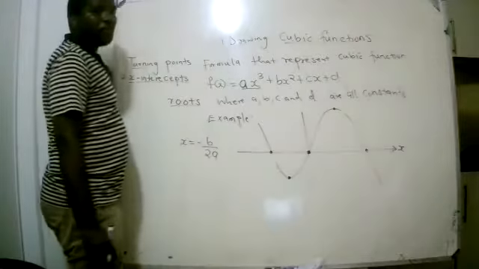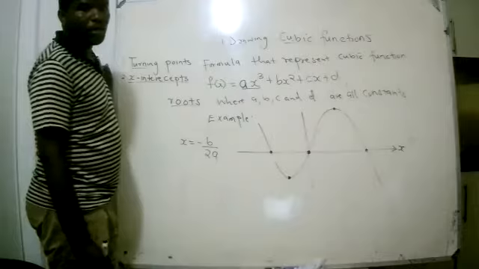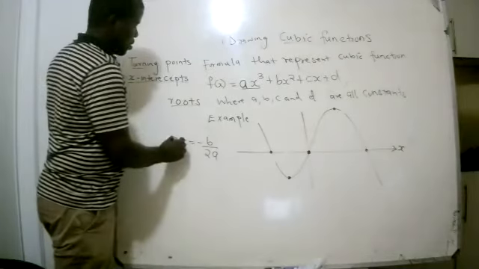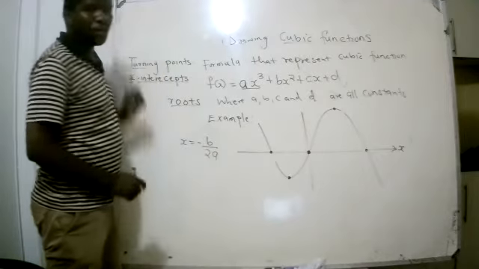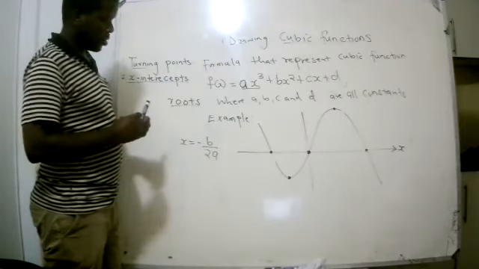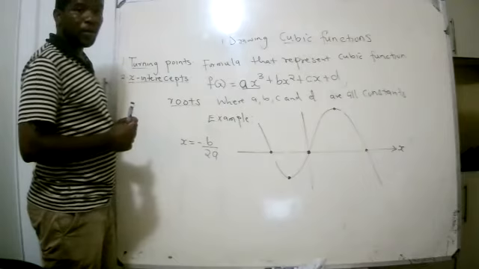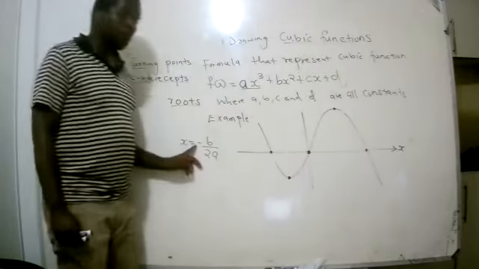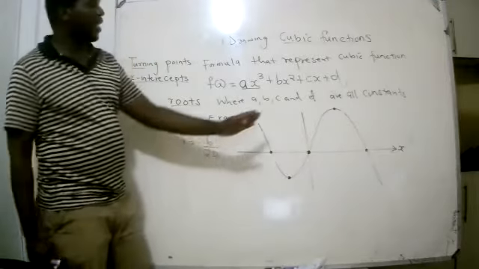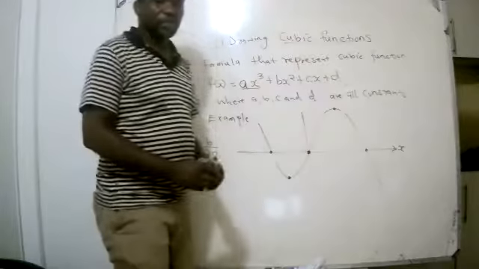Is there anyone who remembers this formula? X equals negative b divided by 2a. Do you remember that formula? Yes. We use this formula to calculate the x value at the turning point.